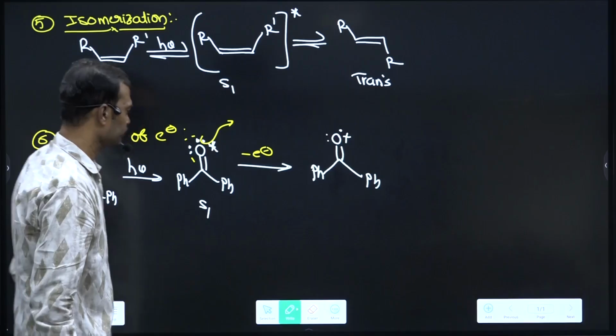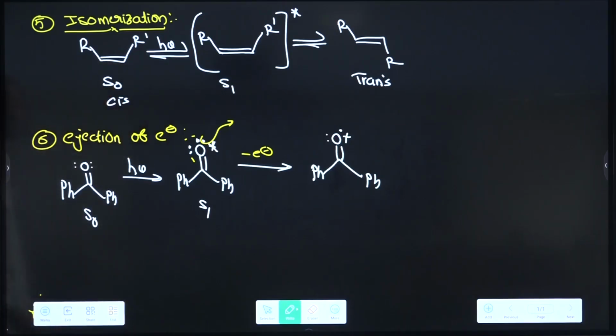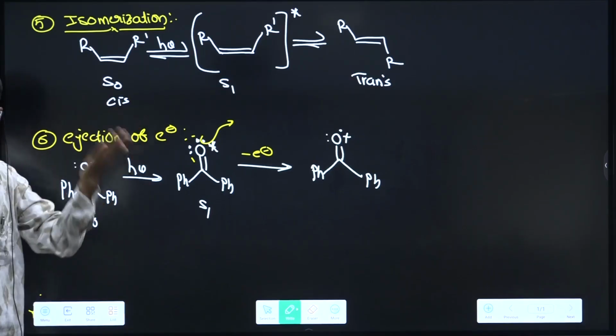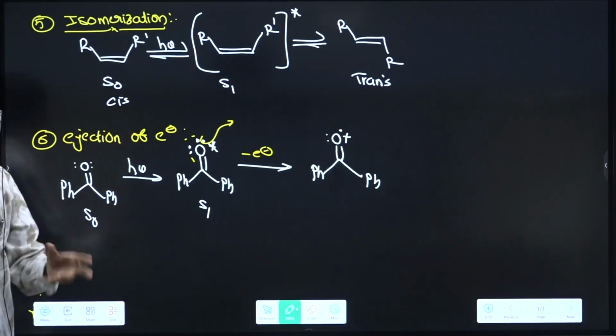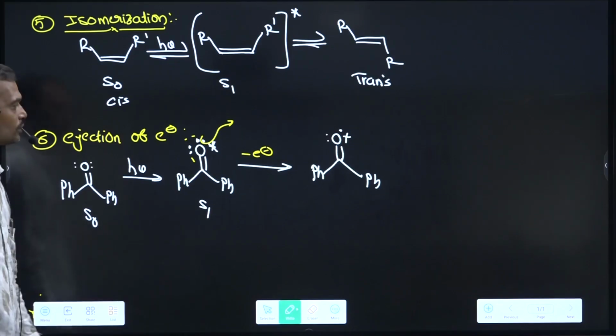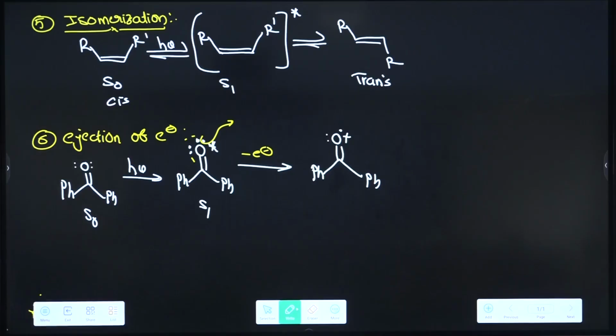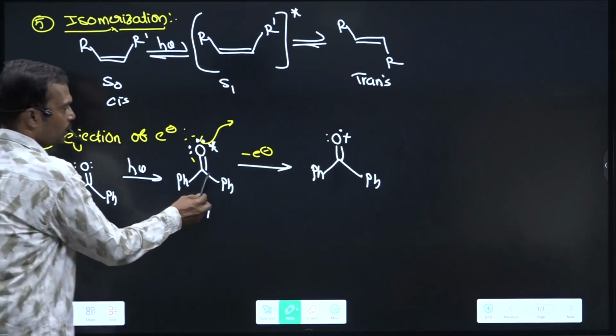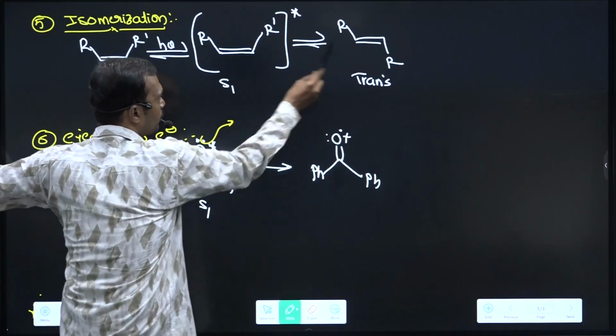Clear? These are the 6 ways to deactivate any molecule. It may undergo coupling, fragmentation, or isomerization, otherwise it may lose an electron to attain stability. Ejection of electron will attain stability for the excited molecule. From here to here deactivation. From here to here deactivation.